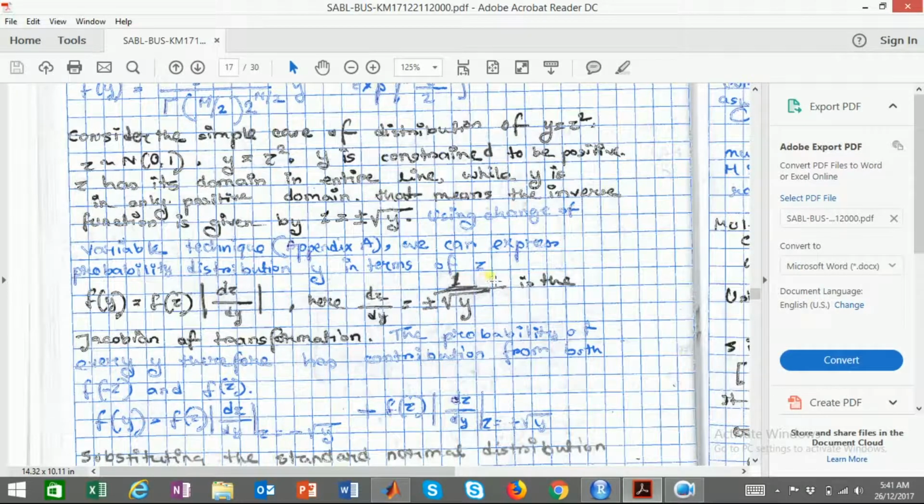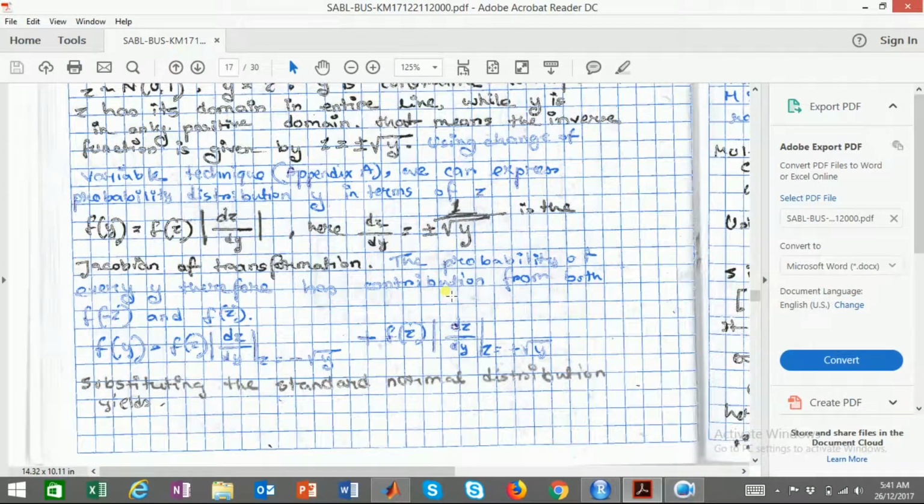The probability of every y therefore has contribution from both negative z and positive z. For negative z it is minus root over y, for positive z plus root over y.